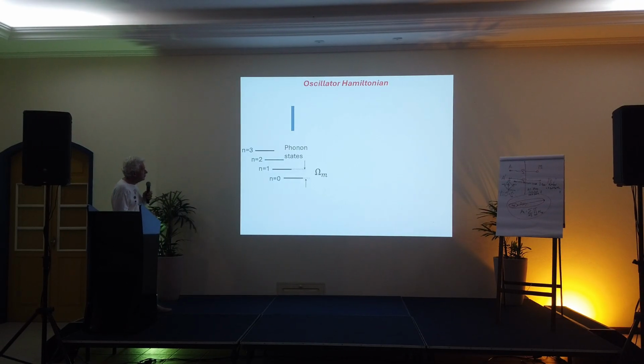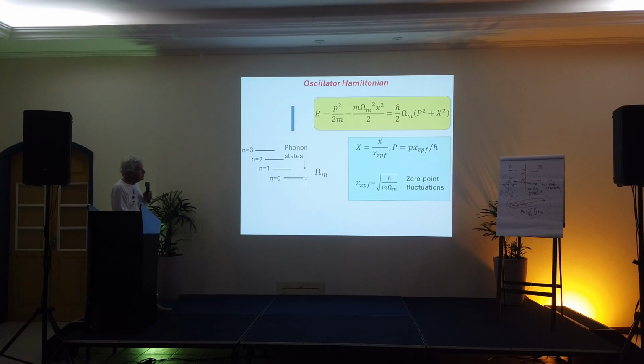Okay, so phonon state. This thing oscillates, and you have 0 phonons, 1 phonon, 2 phonons, whatnot. The Hamiltonian of free motion is kinetic energy plus potential energy of an oscillator, and you can rewrite it with h bar and the frequency of oscillation and p squared plus x squared, where p and x are the dimensionless quantum variables for an oscillator.